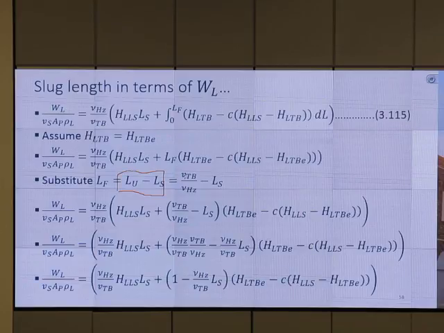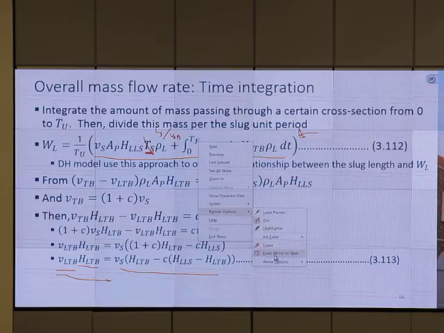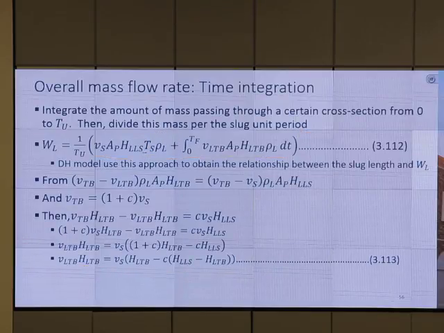LU is VTB divided by slug frequency, and then LS. So everything can be written in terms of slug frequency and LS. TS can be changed to LS over VTB, and LS can be changed in terms of film length. LU minus L film, and LU can change in terms of slug frequency.